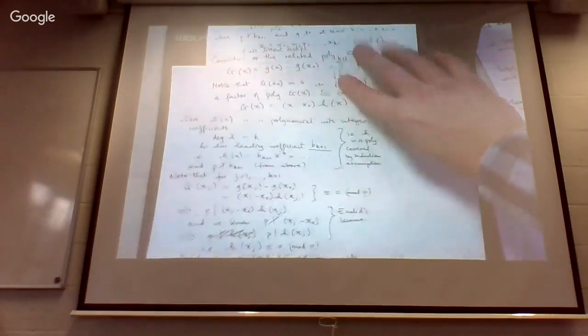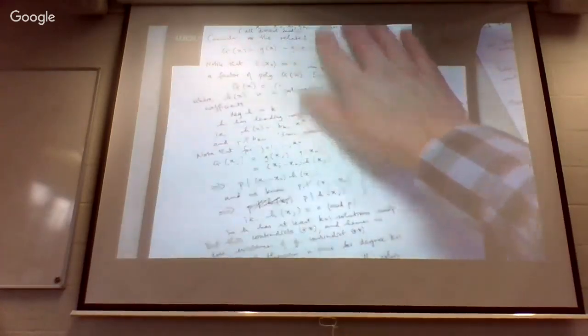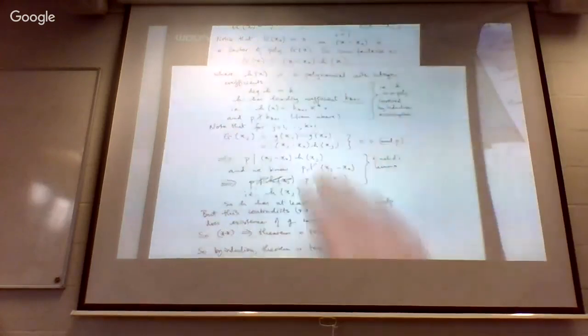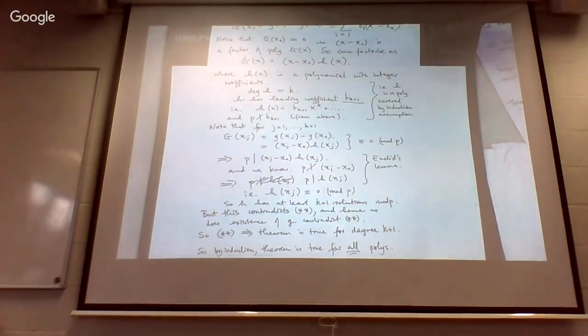So by induction, it's true for polynomials of all degrees, so that means all polynomials. So that gives us a very secure starting point, where we know that for a polynomial congruence modulo a prime, we've got a strict upper bound on the number of solutions from the degree of the polynomial. So it gives us a secure footing from where to start.